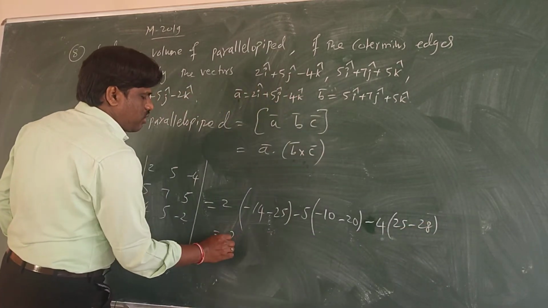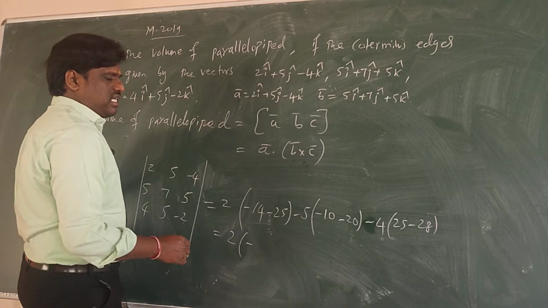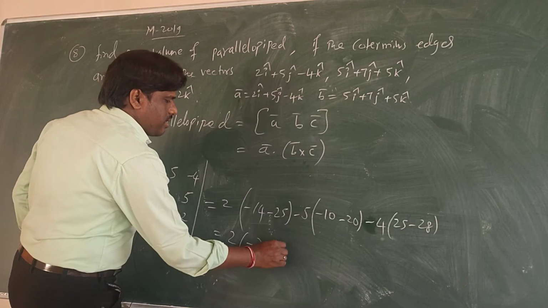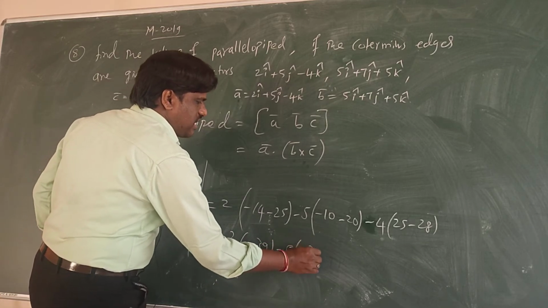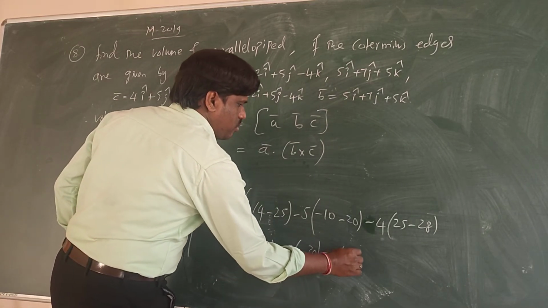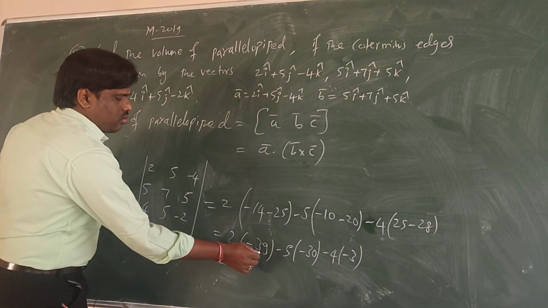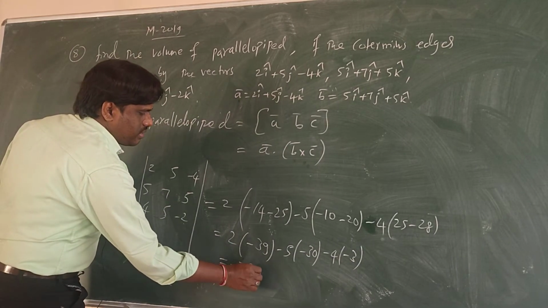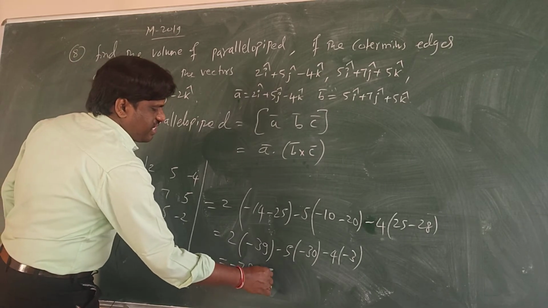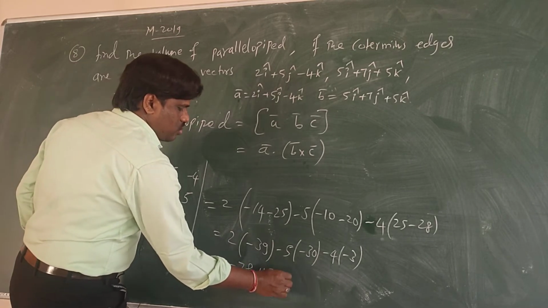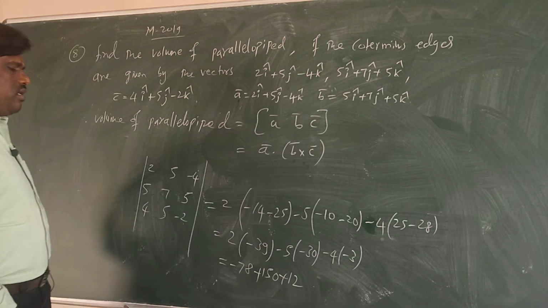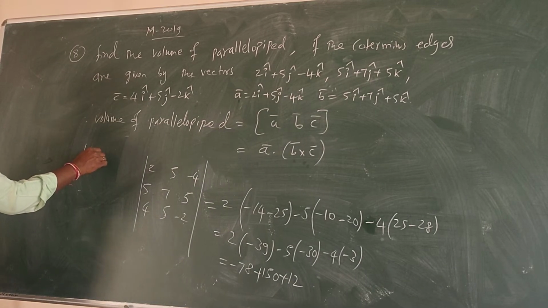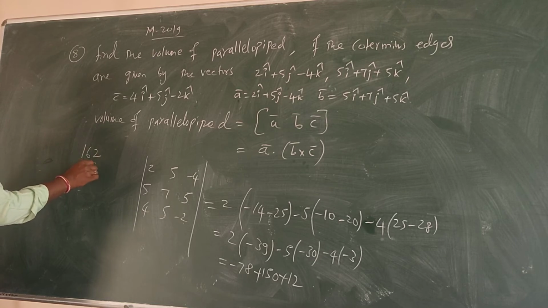So what do I get here? 2 into minus 39, minus 5 into minus 30, minus 4 into minus 3. So minus 78 plus 150 plus 12. Correct? Is it right? So 162 minus 78.